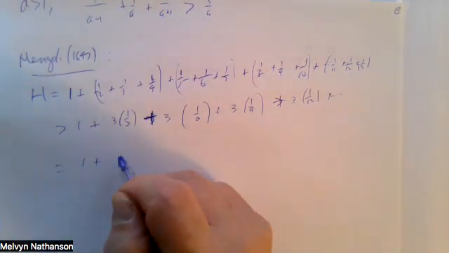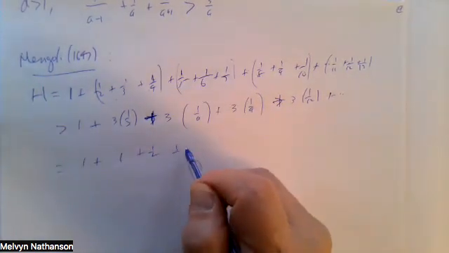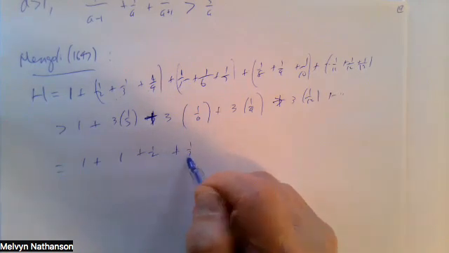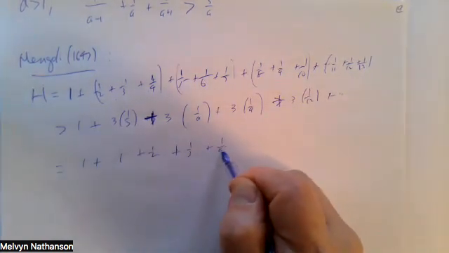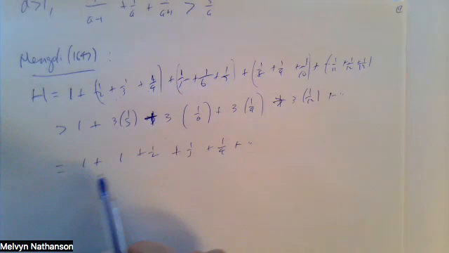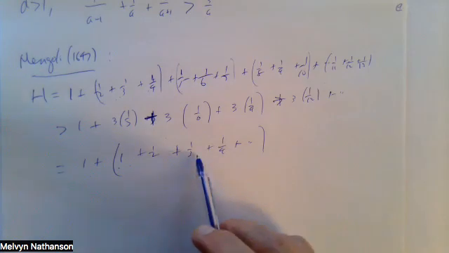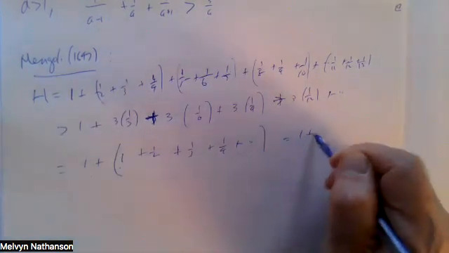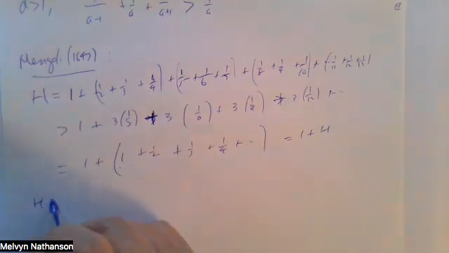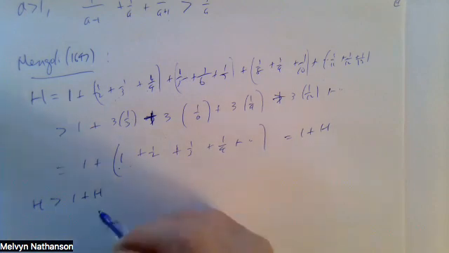This is 1 plus, 3 over 3 is 1, 3 over 6 is a half, 3 over 9 is a third, 3 over 12 is a fourth. So I get h is bigger than 1 plus 1 plus a half plus a third. That's 1 plus h. So this says h is bigger than 1 plus h. Well, I could stop right there. That just says that's ridiculous because 0 is not bigger than 1.